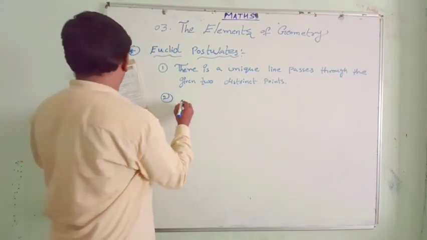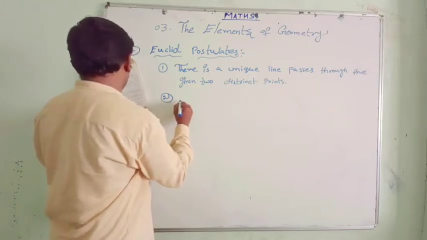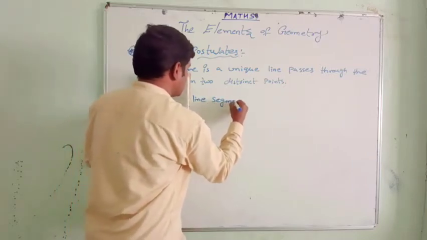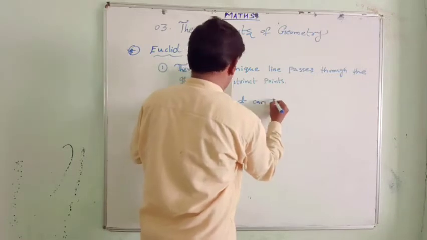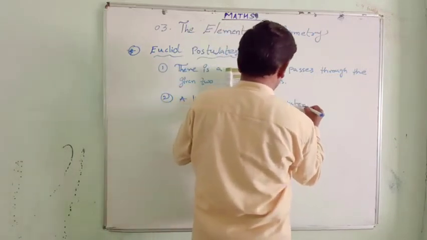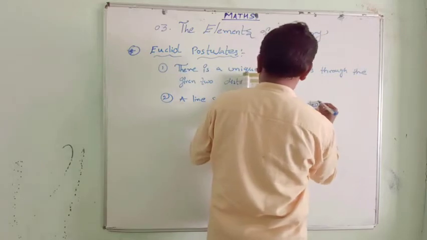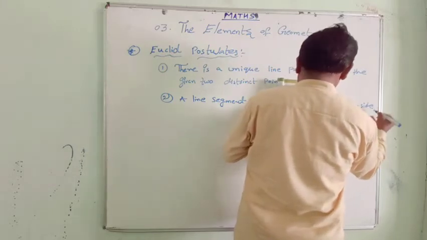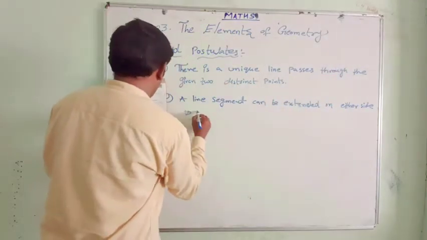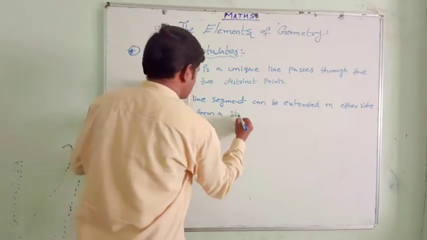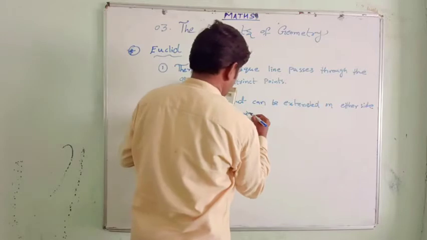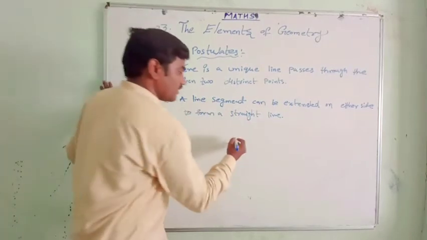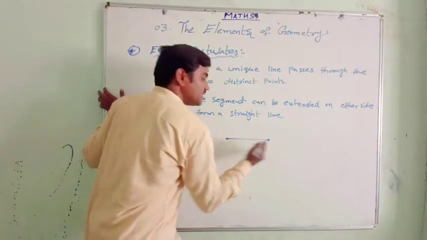A line segment can be extended on either side to form a straight line. You draw a line segment. Suppose AB is a line segment.